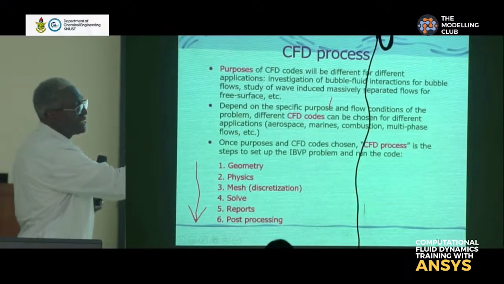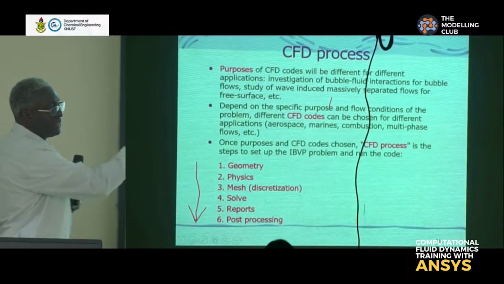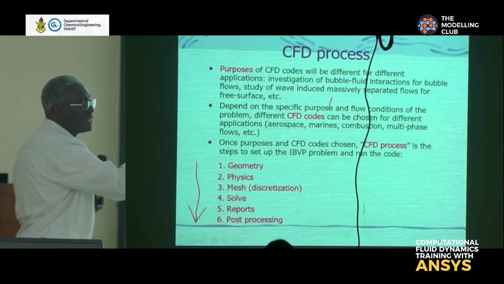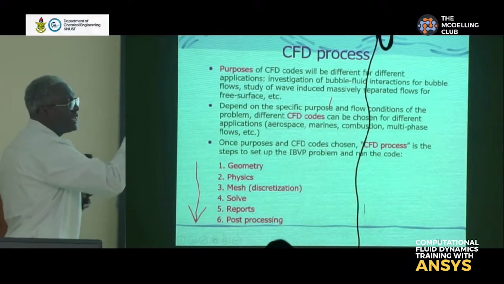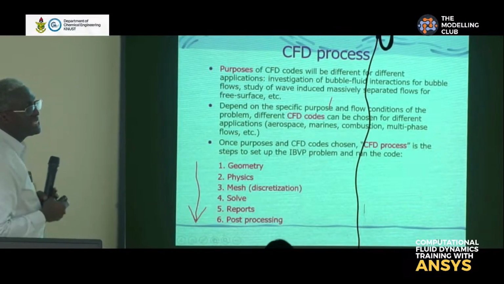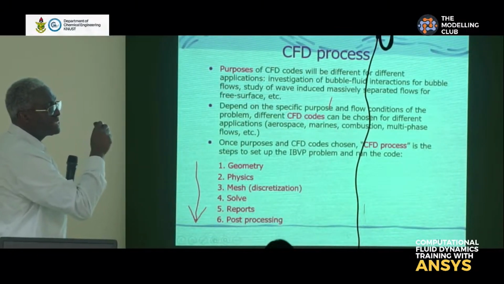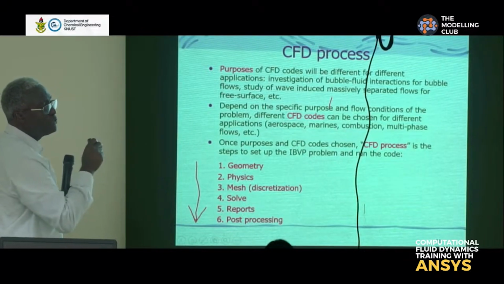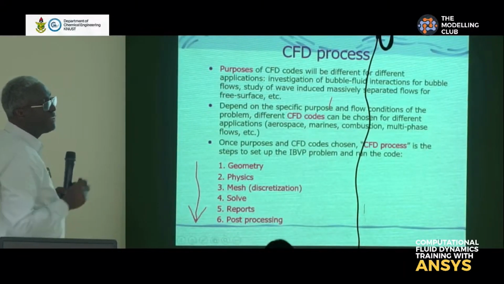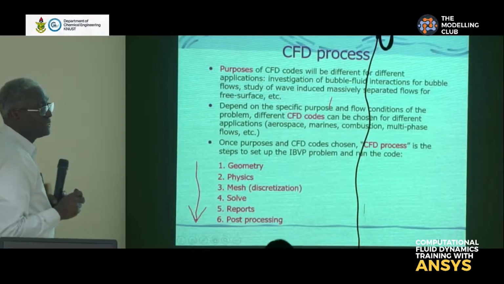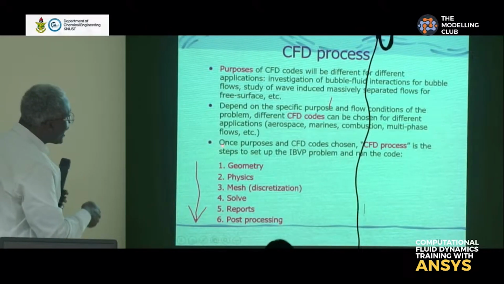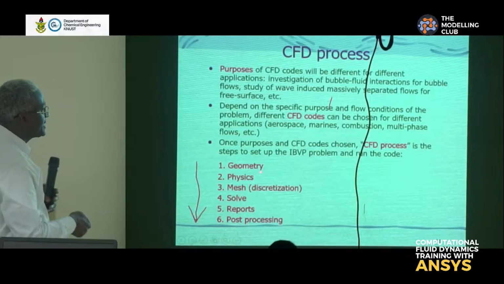So I check the icon or the panel within that software that says that, okay, these are the conservation equations that I want to solve. Conservation of mass, conservation of momentum, conservation of energy, conservation of species. Okay? So I have to specify the physics.